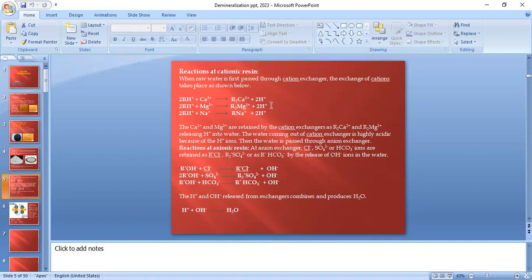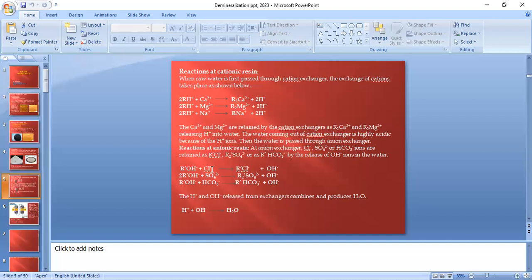So you are getting water which is free from cations. It has H plus. Now, the calcium and magnesium free water is allowed to pass through an anion exchanger. So still you have chloride and sulfate ions to get removed. So what happens in anion exchanger? That is, you have a resin which has the replaceable OH minus. Now this OH minus will react with Cl minus ion in the water.